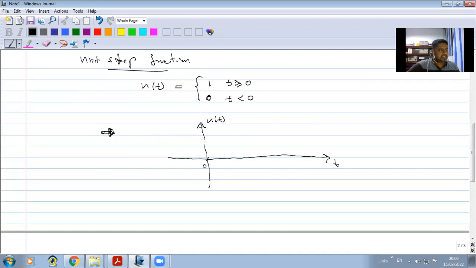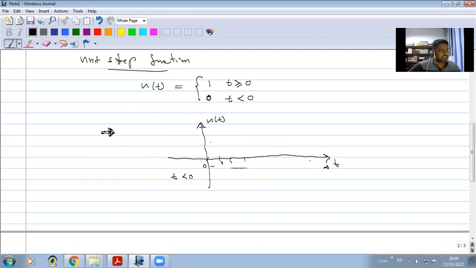So t greater than or equal to 0 means this side, 1, 2, 3, up to infinity. And this side is t less than 0. So very simply you can draw the waveform, the signal.